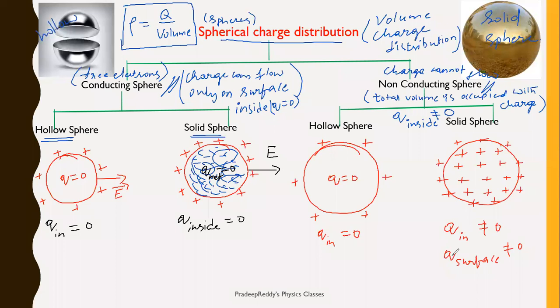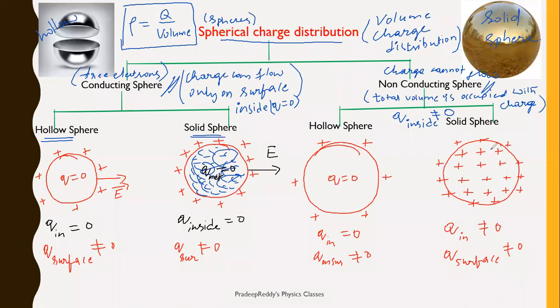So here, in case of these three materials, Q on surface is not equal to 0, but Q inside for these three materials is 0. Only in this case it is unique. Only for non-conducting solid materials, there will be charge present inside the material also.